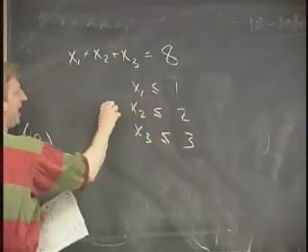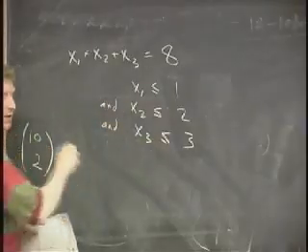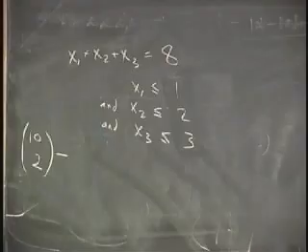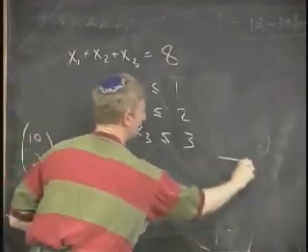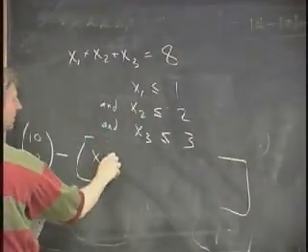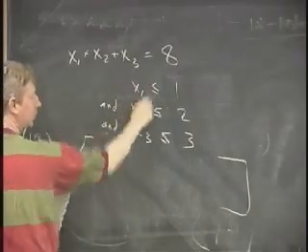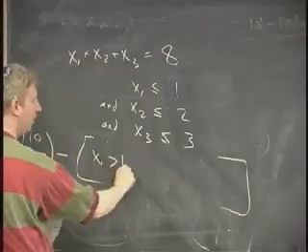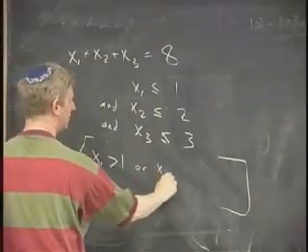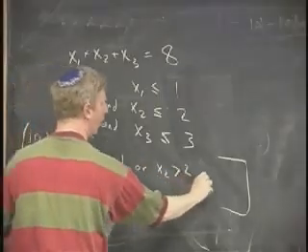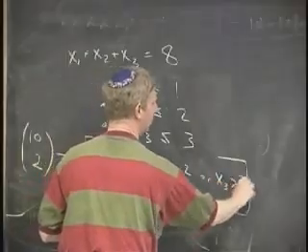Now this is supposed to mean ands, right? This and this and this. So if I complement it, I get what? Reverse it. So x1 is strictly bigger than 1, or x2 is strictly bigger than 2, or x3 is strictly bigger than 3.